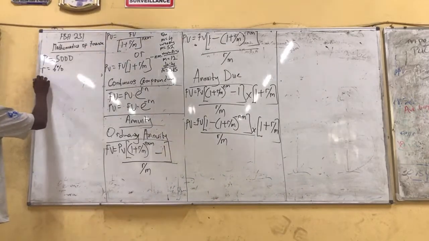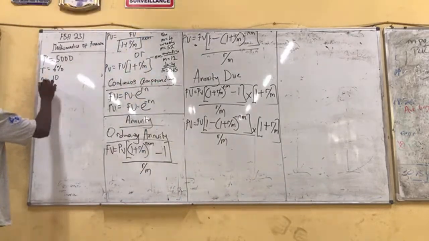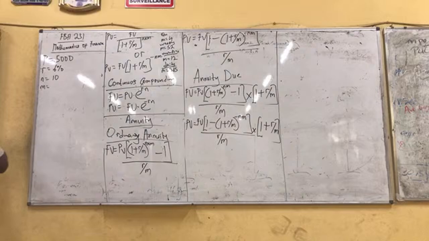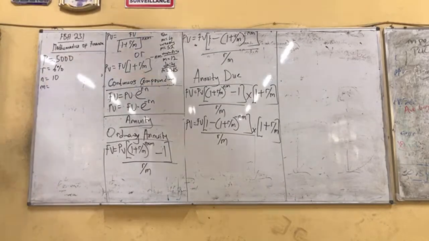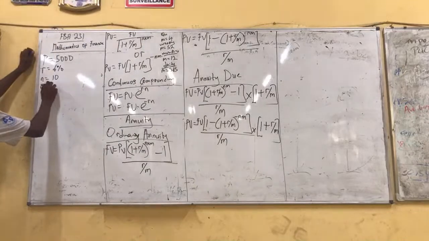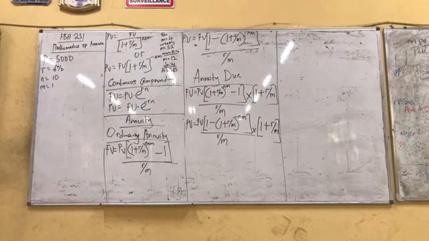So after 10 years, our n is 10. If the interest is compounded annually, it means every year, which means once in a year. Therefore, our n is 1. Alright, that's the question.